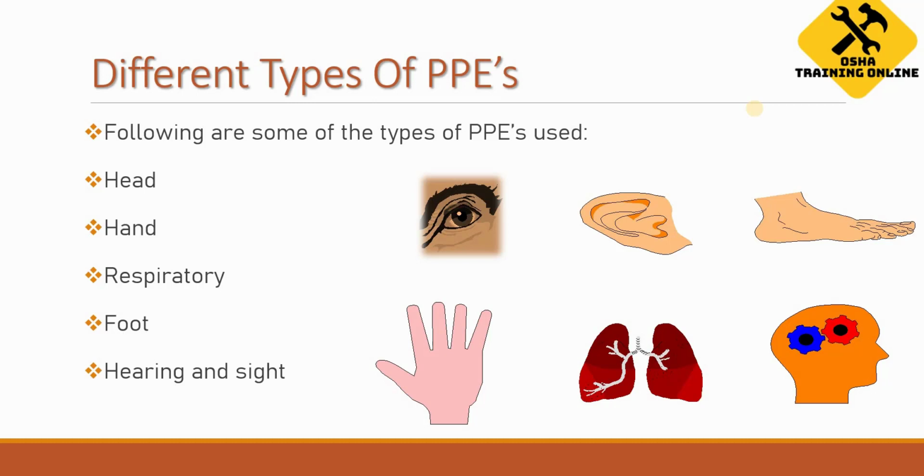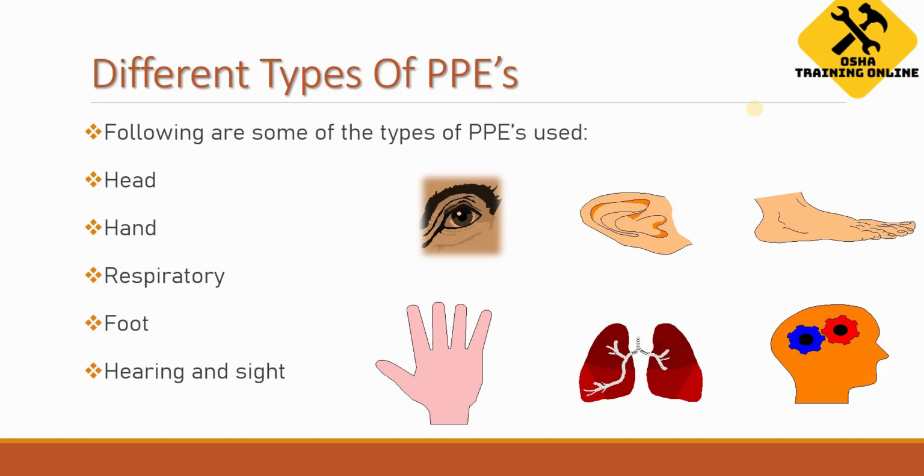There can be protection from respiratory hazards, where respiratory PPEs can be used. For example, if you have a problem in breathing, what PPE will you use? Why will you have a problem in breathing? This might depend on the situation, and we will discuss this in the next slide.